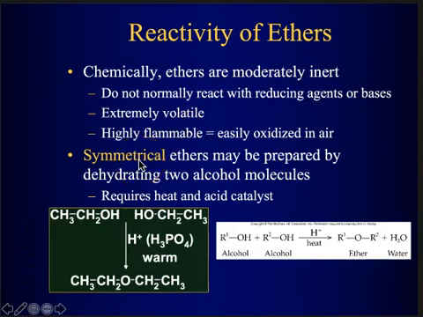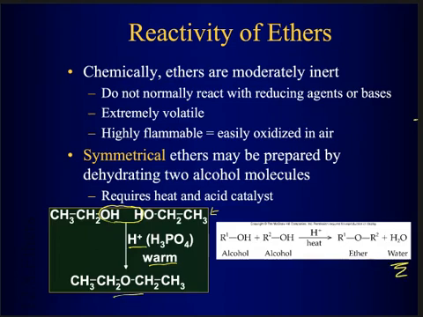Now to actually create an ether, we can dehydrate 2 alcohol molecules. So recall that a dehydration reaction means that we're taking away water. So if I look at this reaction here, I have 2 ethanol molecules, and if I add some acid and heat it up, what's going to happen is that a water, so notice it's H2O, so it's 2 H's and an O, gets removed, and the rest combines into an ether.